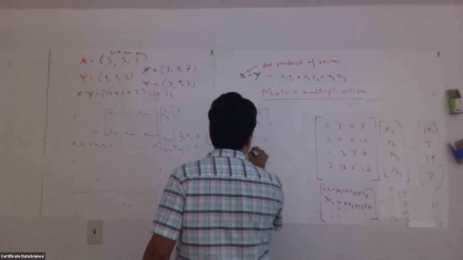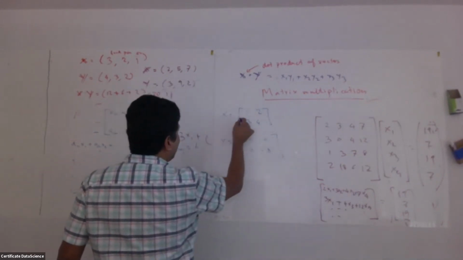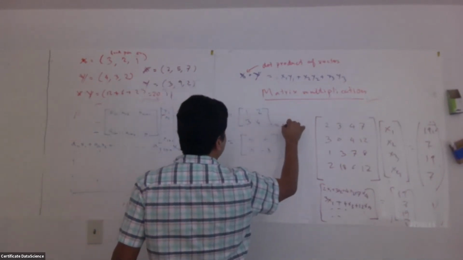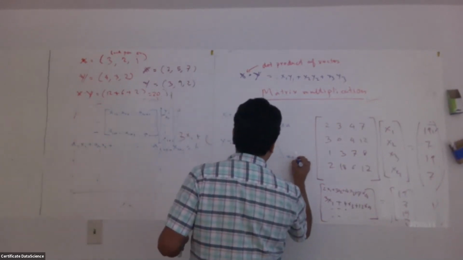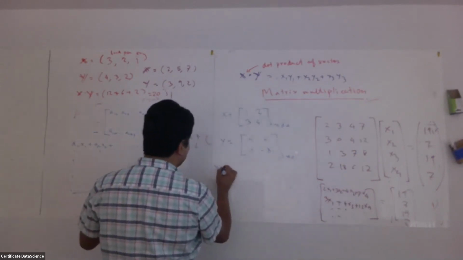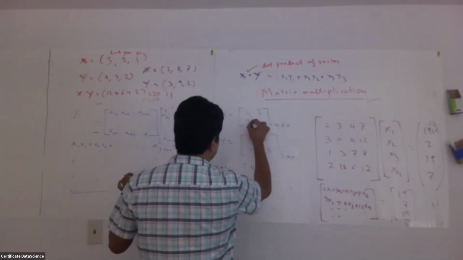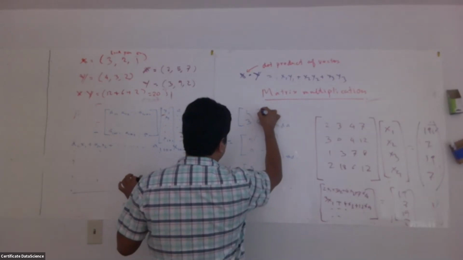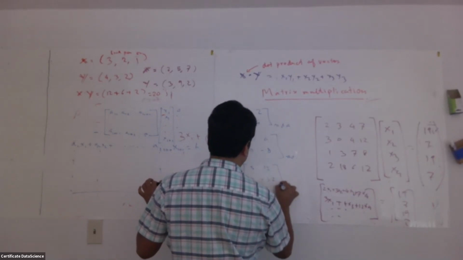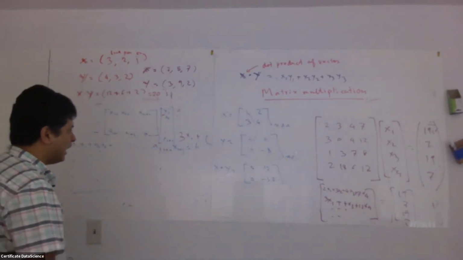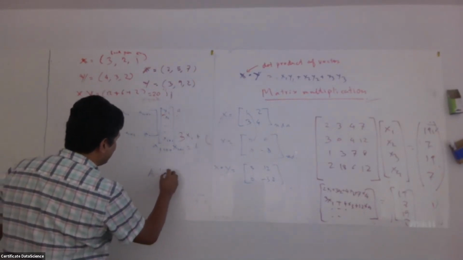When I had these as NumPy ndarrays and did x times y, it is just element-wise: this times this is 5, this times this is 0, 2 times 6 is 12, 4 times minus 8 is minus 32. Now I created a matrix A from x, and a matrix B from y.